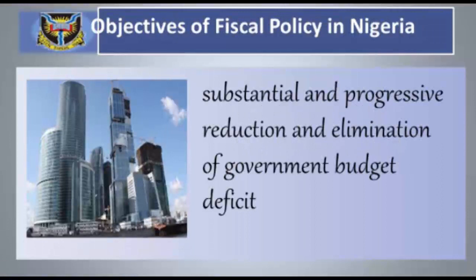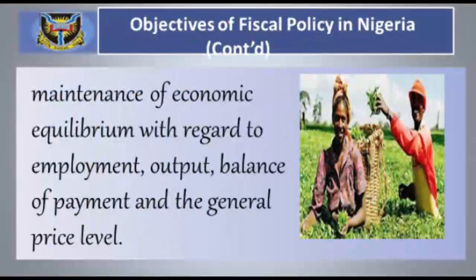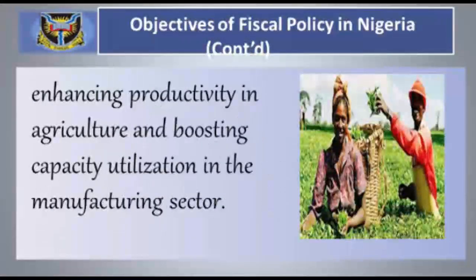4. Substantial and progressive reduction and elimination of government budget deficit. 5. Maintenance of economic equilibrium with regard to employment, output, balance of payment, and the general price level. 6.